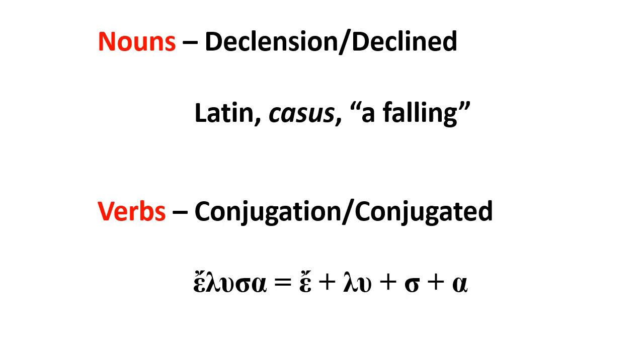However, when it comes to verbs, these are different. They are put together in pieces more horizontally. For example, you see the word for luo there, and this is a past tense indicative form, elusa. And you'll notice there is the stem, lu. There is the past tense form for aorist, and that's the sigma. And then you have the alpha ending, but you also have the prefix epsilon.